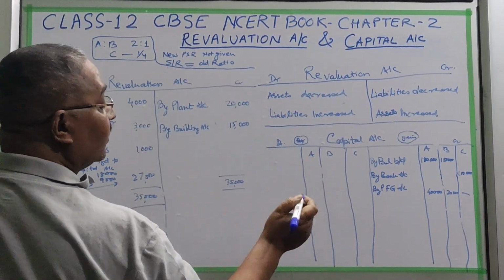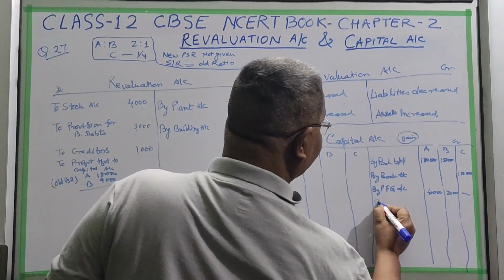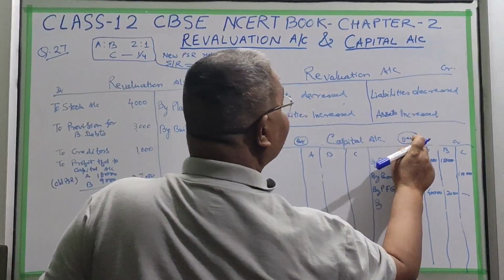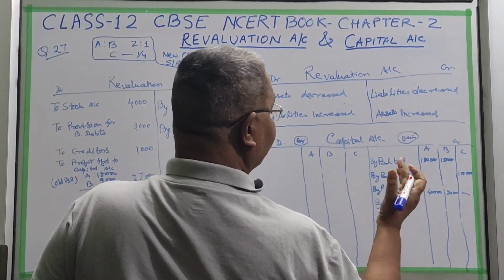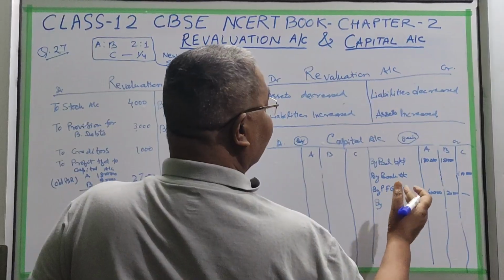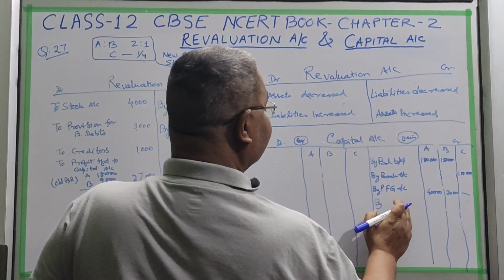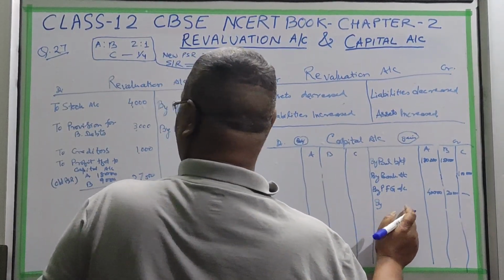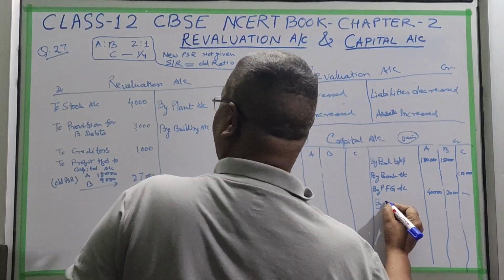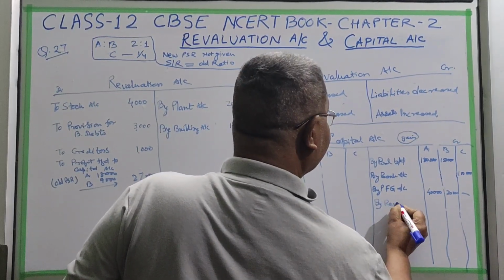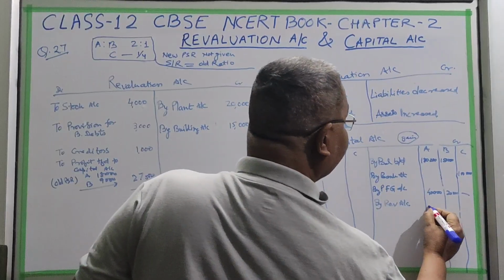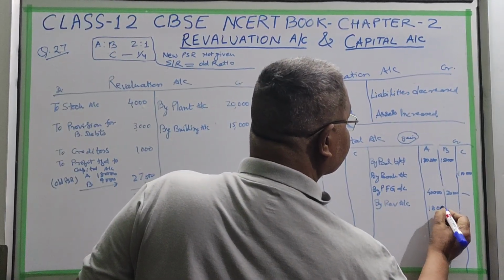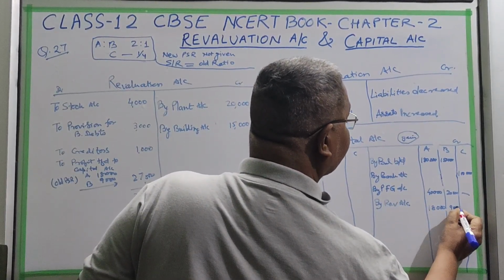So here we will write by revaluation account, because whatever the partners gain, the partner is eligible to get. This comes to this side. So by capital account, by revaluation account, it will be 18,000 and 9,000.